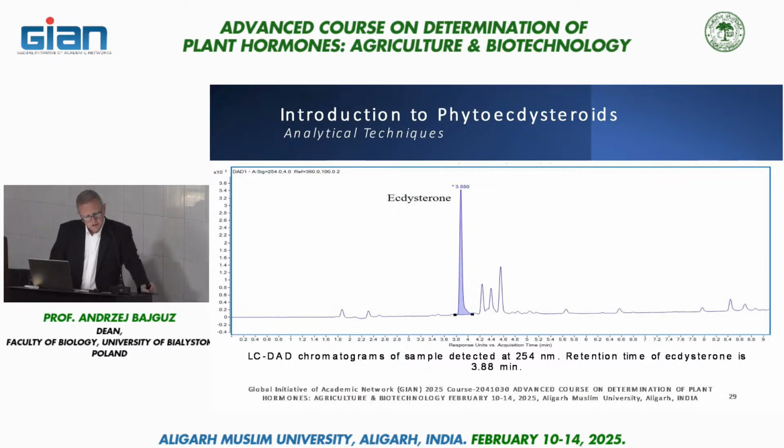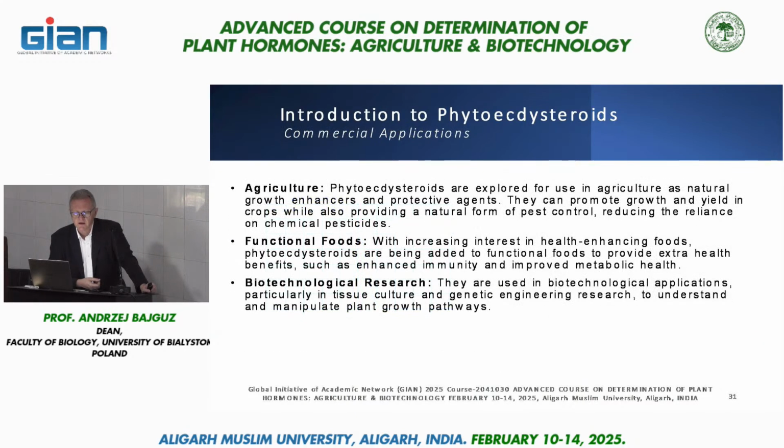What about commercial application of phytohormones? They are explored for use in agriculture as natural growth enhancers and protective agents. With increasing interest in health-enhancing food, phytohormones are being added to functional foods to provide extra health benefits, such as enhanced immunity and improved metabolic health.